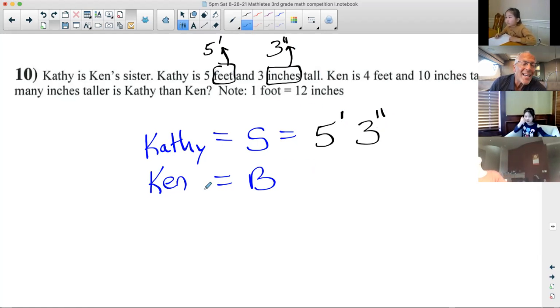Now, Ken is Kathy's brother. Can you tell me, Eleanor, how tall is Ken? So B equals what? 4 feet and 10 inches. And Catherine, how do we write it with this special notation?